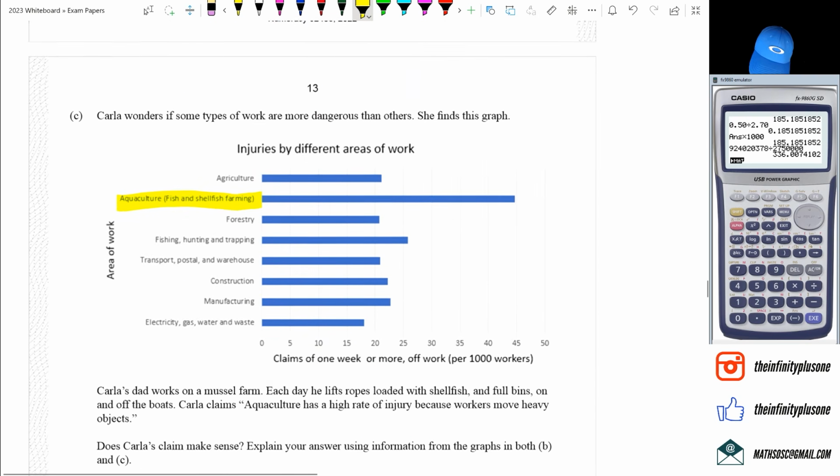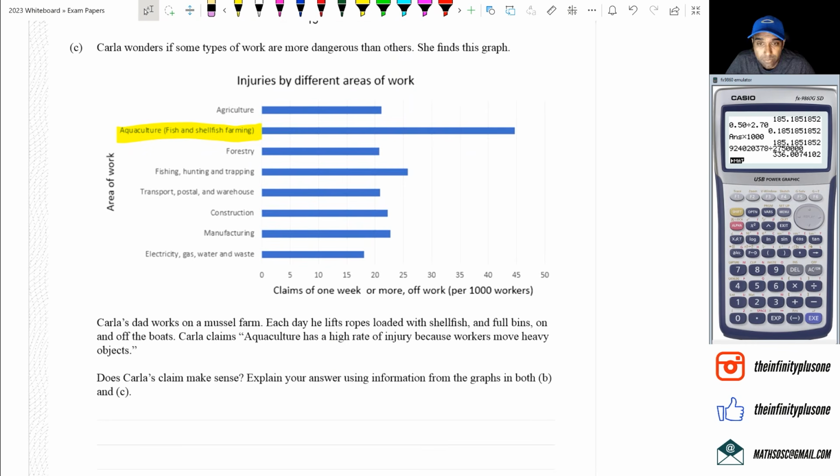Now in aquaculture, they are moving heavy objects, so we know that there's a connection. So we can say that Carla is correct, or Carla's claim makes sense, because that's what the question's asking.